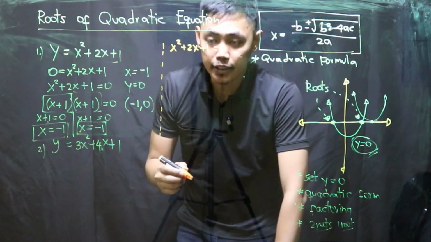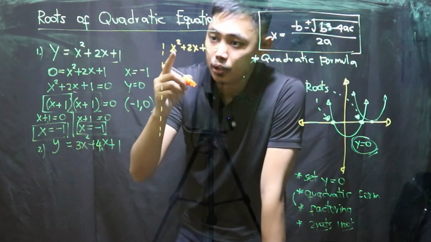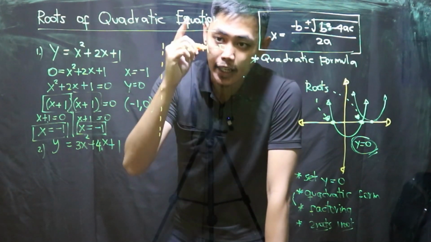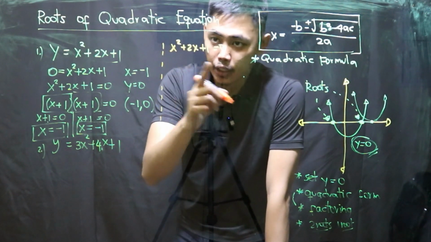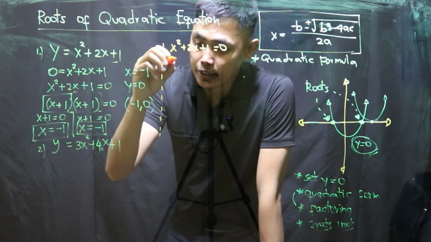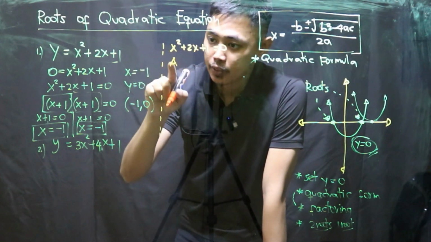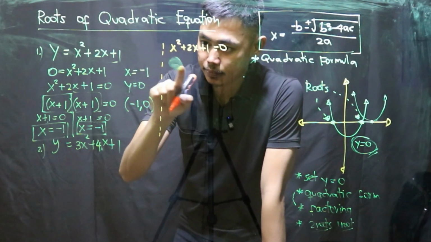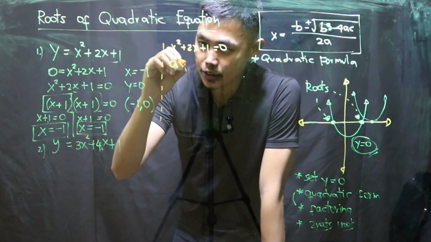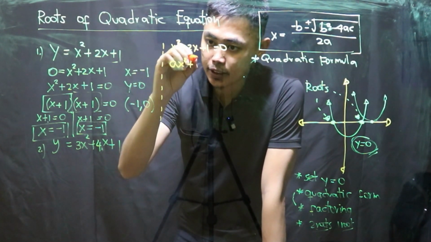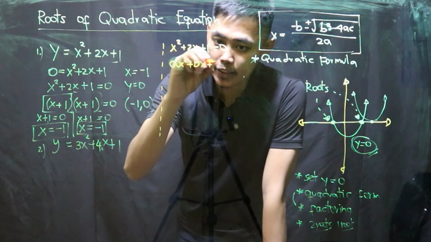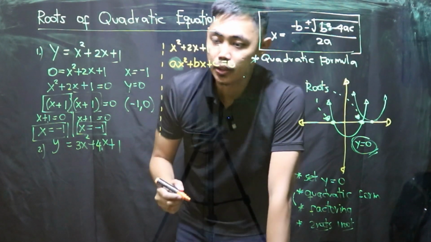And then the next thing that you will need to do is to find the a, b, and c of this equation. So the standard form of the quadratic equation is, let's use the small letter a, ax squared plus bx plus c is equal to 0.